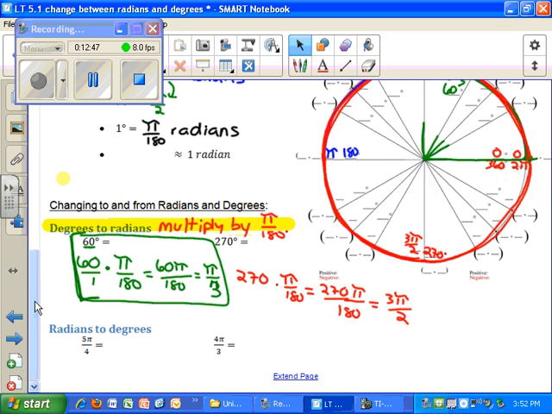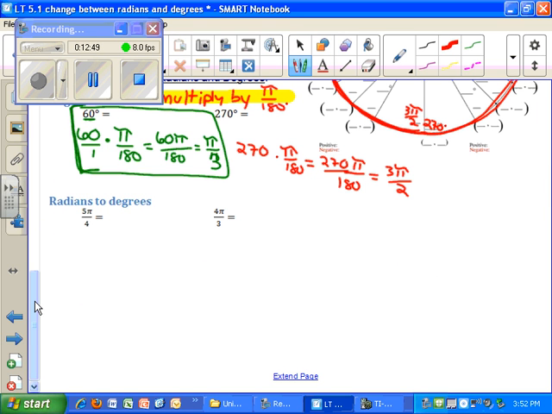So to go from radians to degrees, we are going to multiply by the reciprocal. So instead of multiplying by pi over 180, you are going to multiply by 180 over pi. And that will take you back to degrees.